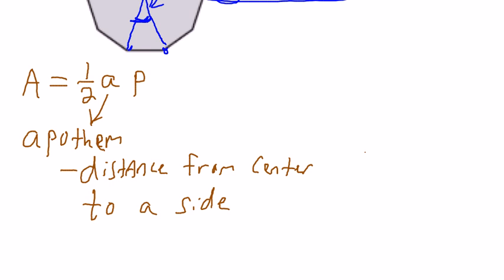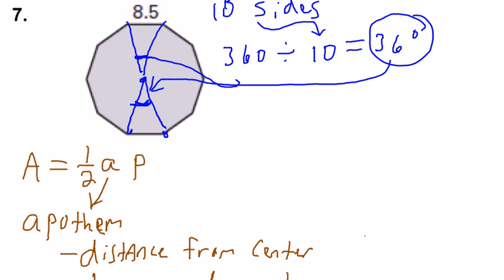And anytime we're measuring a distance from a point to a line, from the center to the side, we have to measure that perpendicularly. So with this triangle that we drew up here, this would be the apothem. As long as it's perpendicular, it's also going to bisect the triangle. It's going to split it exactly in half.